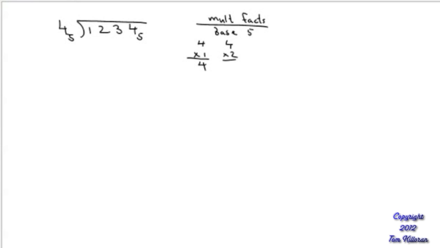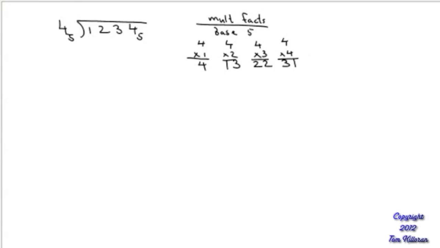Too big because we're in base 5, so that's 1, 3. 1, 3 in base 5 is equal to 8. And then 4 times 3 is 12, but that's too big. 5 goes into 12 2 times with a remainder of 2. 4 times 4 is 16. 5 goes into 16 3 times with a remainder of 1.